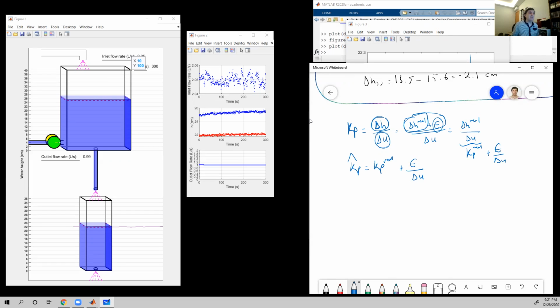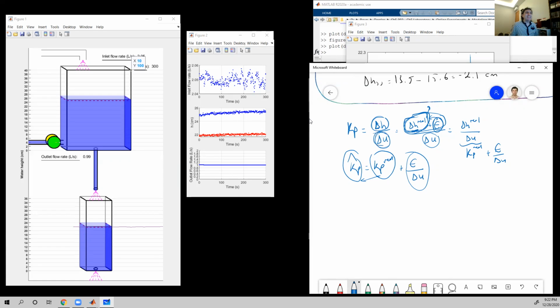Now here is the idea. If we would like Kp hat as close as possible to the real value, then we should make this error term as small as possible. The delta H real should be much greater than the additive error value. If we give a very small delta U value, delta H real is in the order of the error terms, the uncertainty. So there is a problem here.